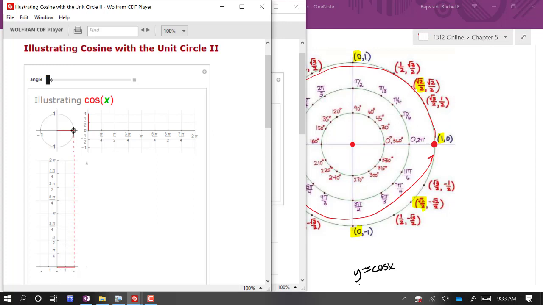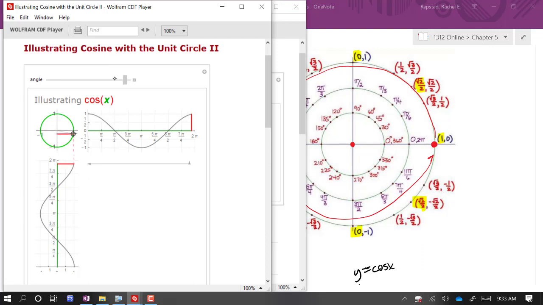And you could see that dotted line there that just keeps track of what your x coordinate is. And then over on the right, they've just flipped the graph because we are graphing y equals cosine of x. So we're plotting those x coordinates from the unit circle onto the y coordinate of this curve.